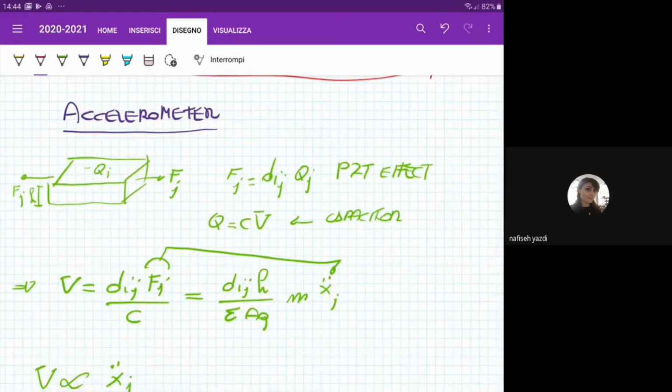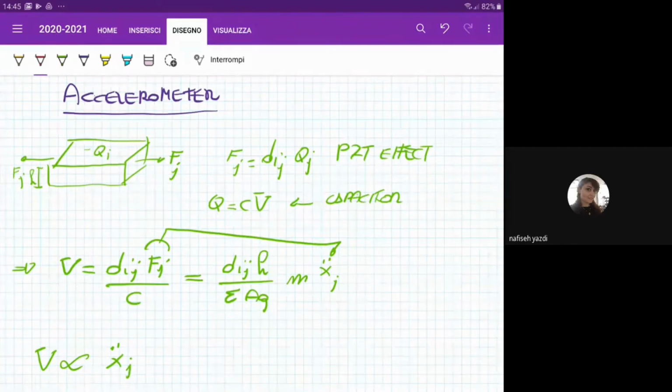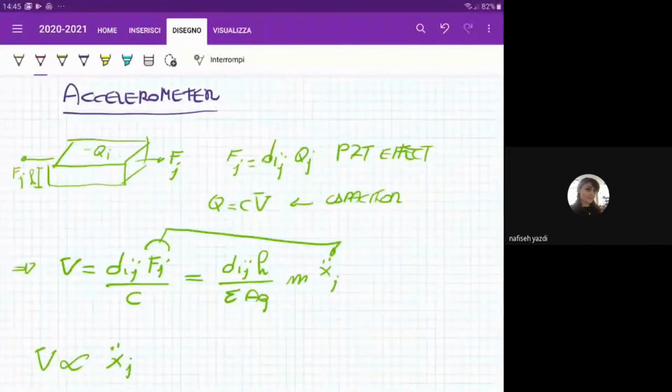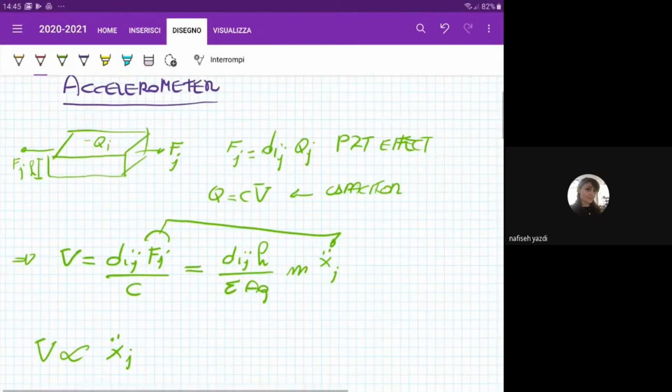In order to reduce as much as possible some error, some noise, and in order to increase the quality of the signal, generally these piezoelectric crystals are compressed so that we have a bias of the charges. So accelerometers are already in a charge state. And the effect of the external force, the effect of inertia, are superimposed on this bias charge.